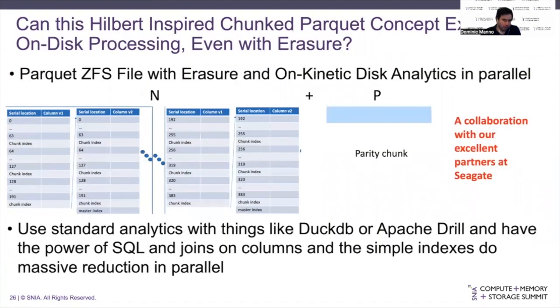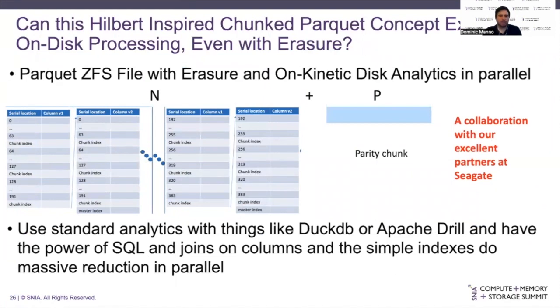So lastly, we wanted to think about this work in the context of our capacity tier. Could similar approaches I've discussed enable analytics in our highly erasure-coded capacity disk tier? We work closely with Seagate, and we've demonstrated this in a prototype using their HDD connected to an Envoy card.